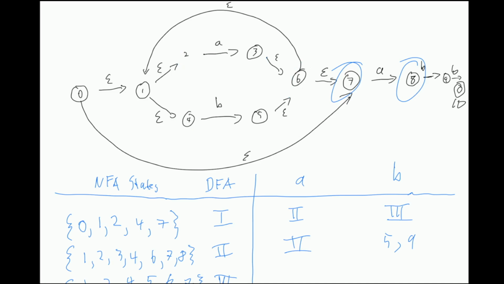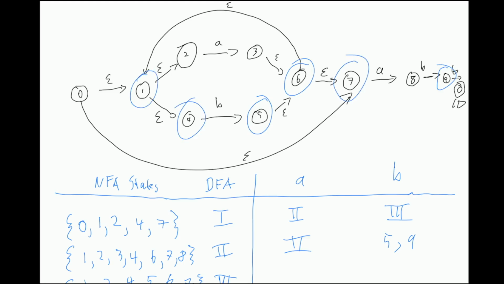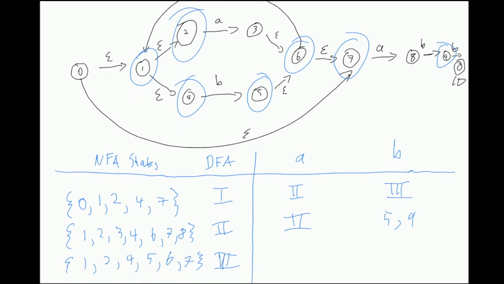And let me update this to the new set of states. So we enter 5 and 9. And through the epsilon closure, we also enter these states. And so do we have a subset of states that we've already identified that matches this set of states?